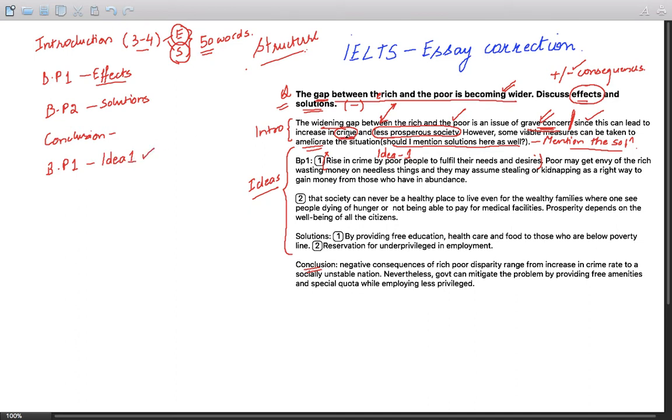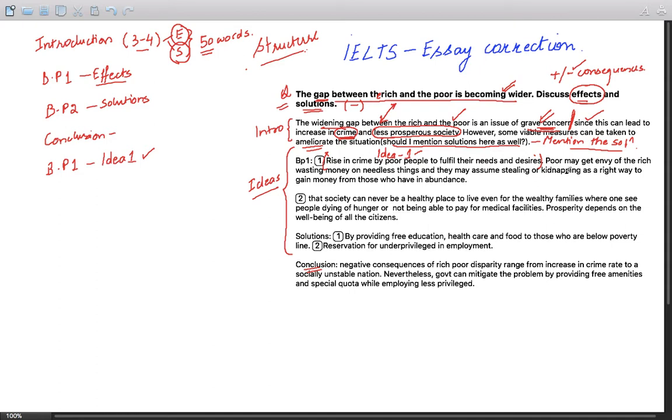The first one mentioned in the introduction, that's idea 1, and it is mentioned as rise in crime by poor people to fulfill needs and desires. Now remember, this is not a complete sentence. She is merely mentioning the ideas and checking whether the ideas and explanations are fine.